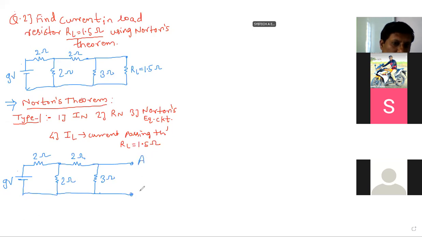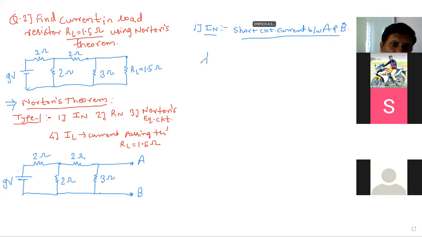This is A, this is B. We have removed the load resistor. Now the first step is to find the IN value. IN means the short circuit current between A and B.